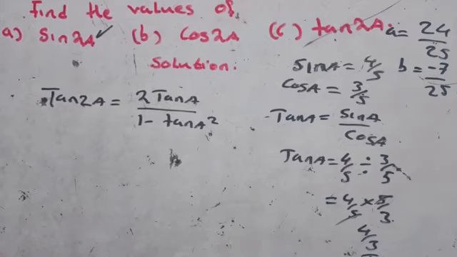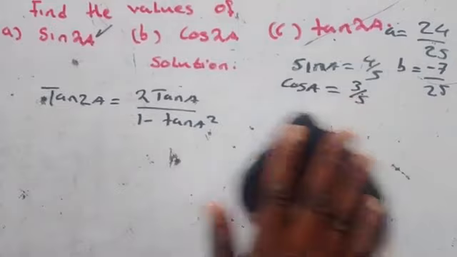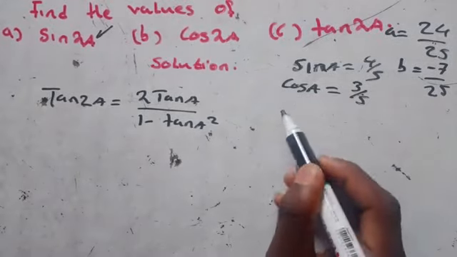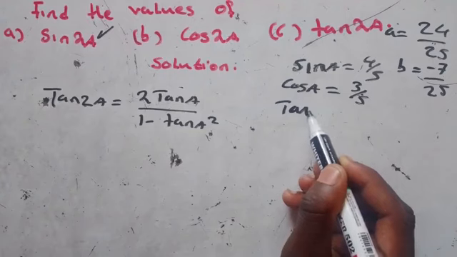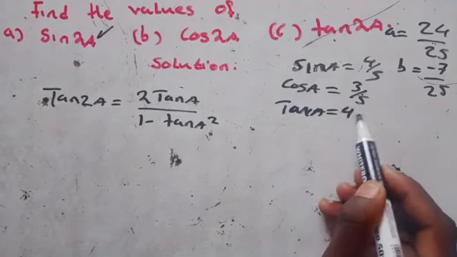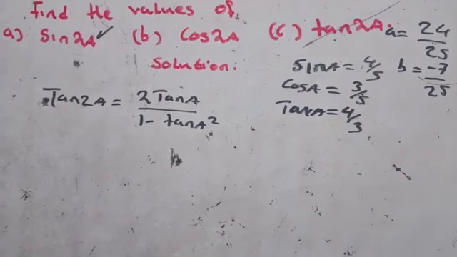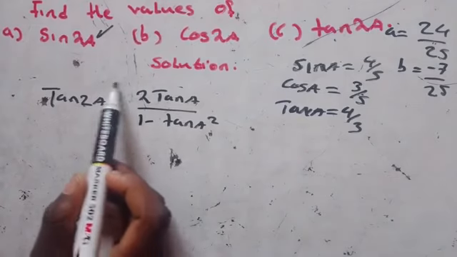So we can take note of this: tan a is equal to 4 over 3. So let's now replace in this identity.